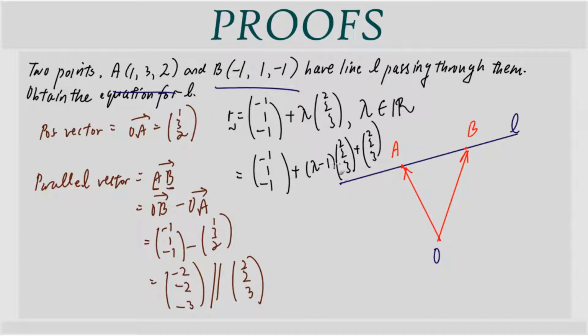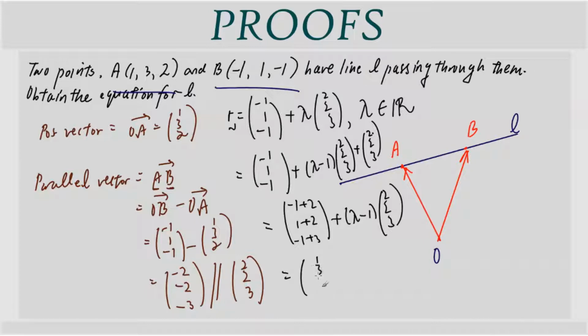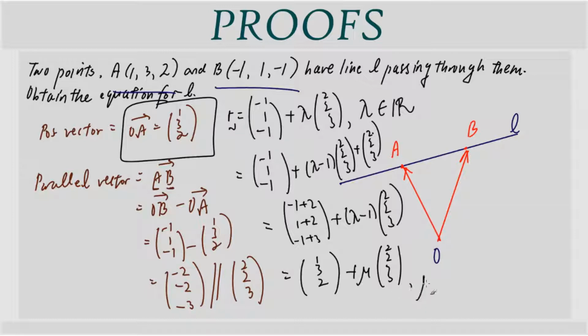So I'm just taking away one of the 2, 2, 3's out from the lambda, and this gives you -1 plus 2, -1 plus 2, as well as -1 plus 3, plus lambda minus 1 times 2, 2, 3. And this gives you 1, 3, 2, which is the position vector of OA. So we get back the position vector of OA plus lambda minus 1, which can be substituted by another real number altogether, which is mu, which is going back to square 1.